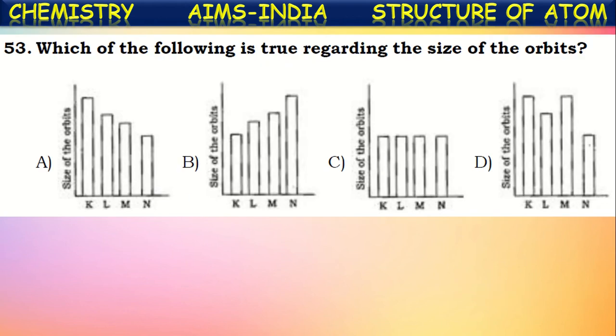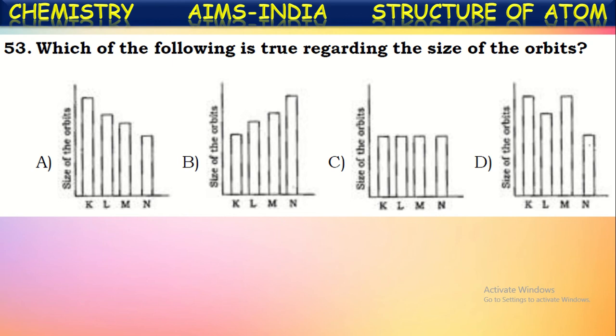Next one. Which of the following is true regarding the size of the orbits? How does the size trend from lower orbit to higher orbit? We know the size of the first orbit, or the orbit which is very near to the nucleus, is very small. And as we move away from the nucleus, the size of the orbits gradually increases.